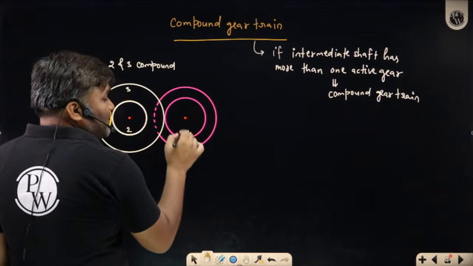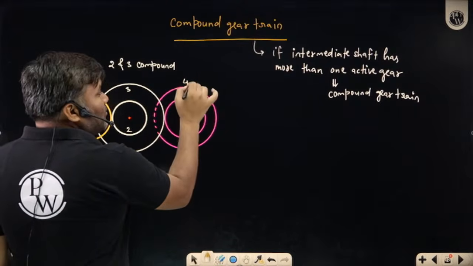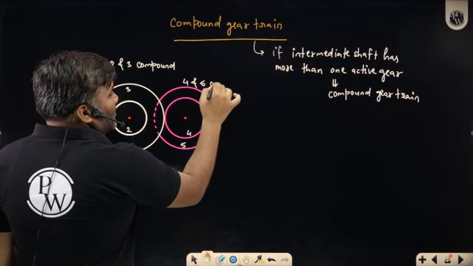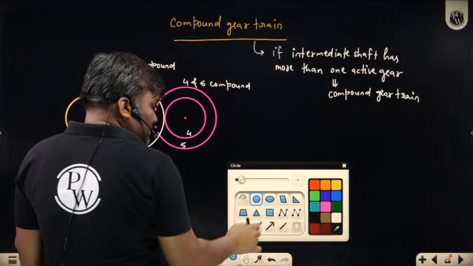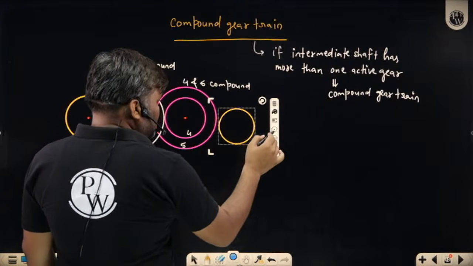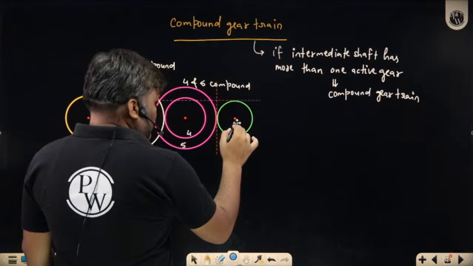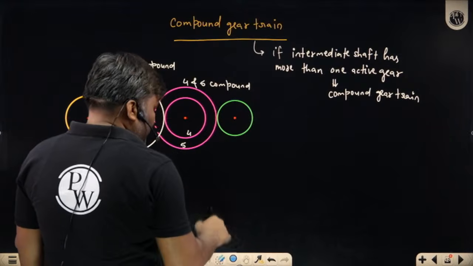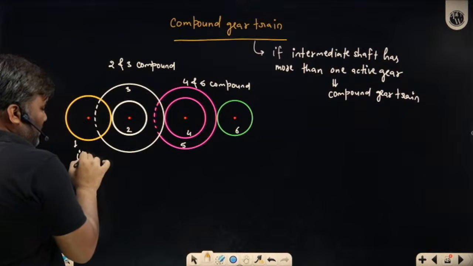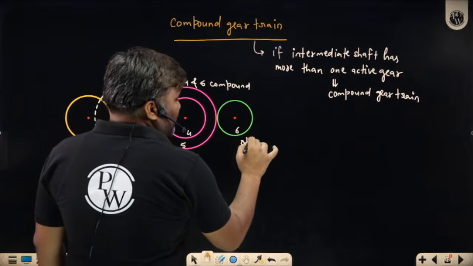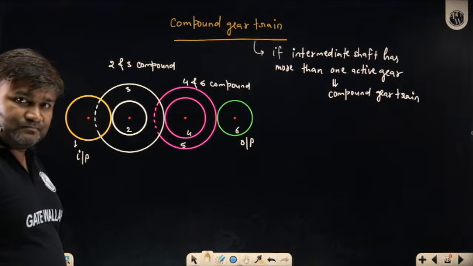This is gear number 5. 4 and 5 are compound. Now 5 is driving, suppose, some other gear, gear number 6, and gear 6's motion I am taking as output. So I have given input on gear number 1, and output I am collecting from gear number 6.